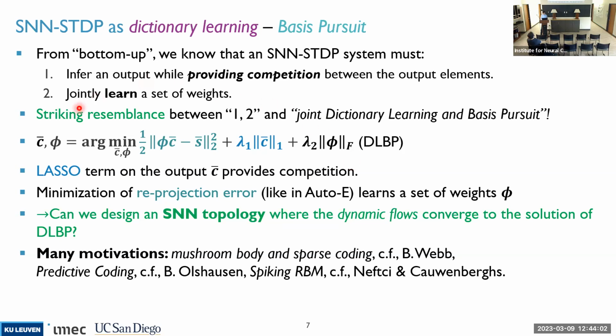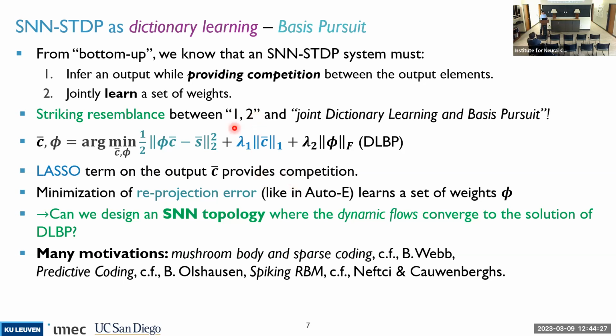Here, this energy function is in fact a standard energy function for this problem, because the lasso term provides competition among the elements of the output C, since the lasso is trying to push each component to be exactly equal to 0, and components are competing against each other to be non-zero. That's where the sorting comes in.